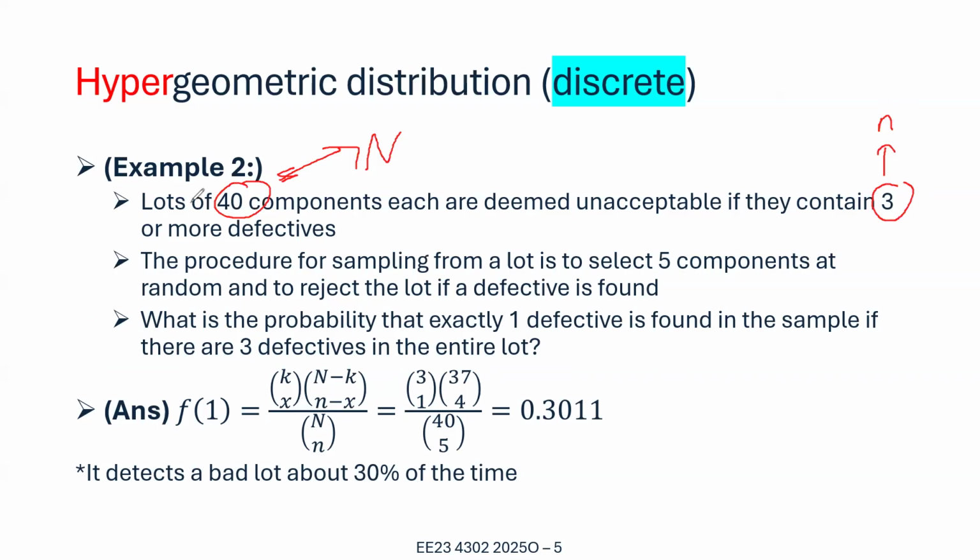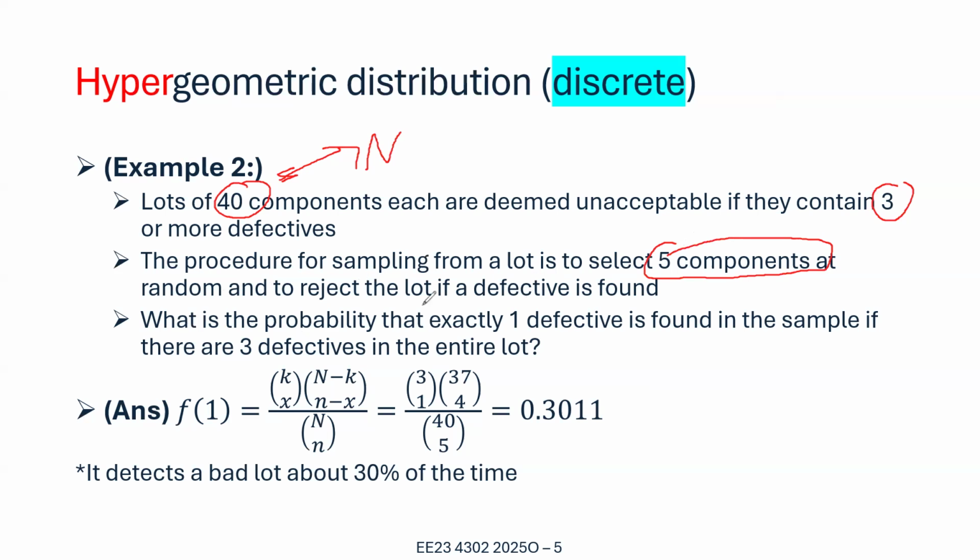Sorry, so this is not the small n, but this is the number of defectives, so we will go back to this later. The procedure for sampling from a lot is to select 5 components and reject if a defective is found. So if we take five components, and if we find one, then we say this is rejected, and this lot or this part of the components is not accepted.